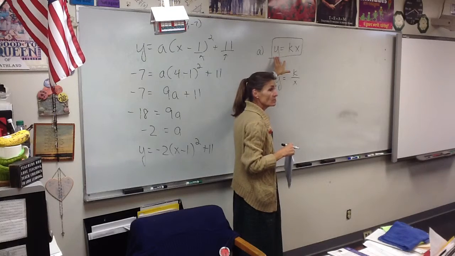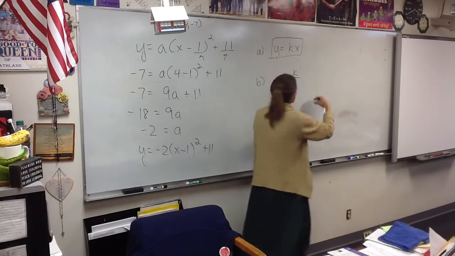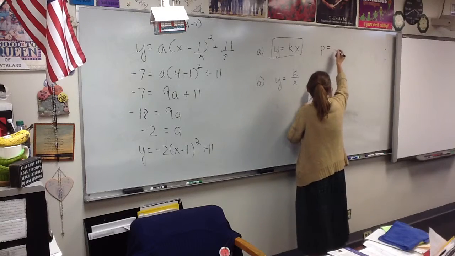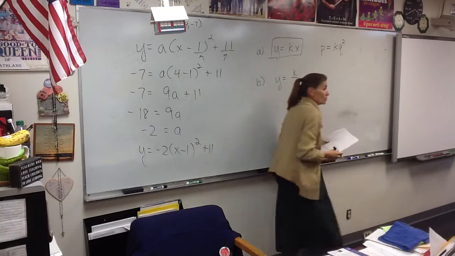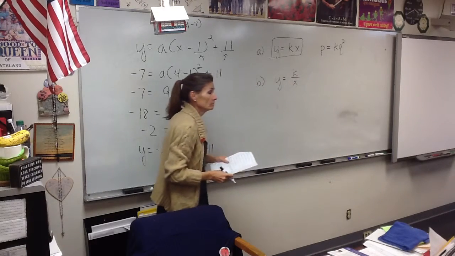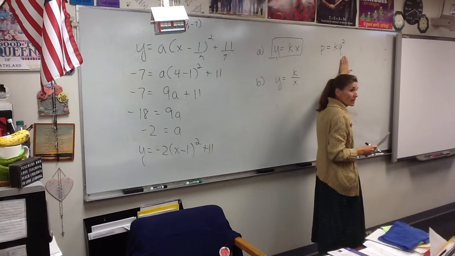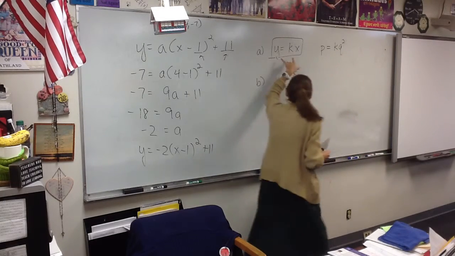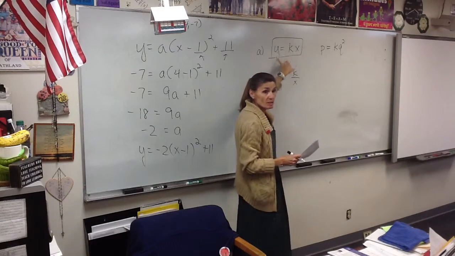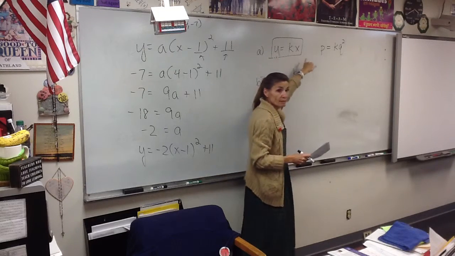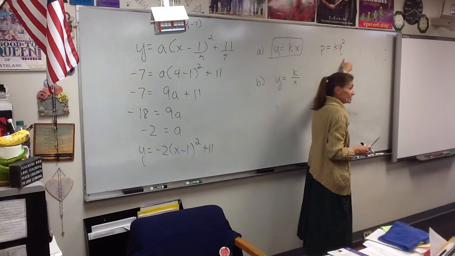Y varies directly as X. Now it's P varies directly as the square of Q. You see how it's the same equation but the variables are different? In this one, it's Y varies directly as X. In this one, it's P varies directly as Q squared.